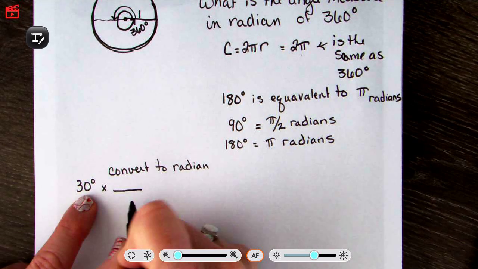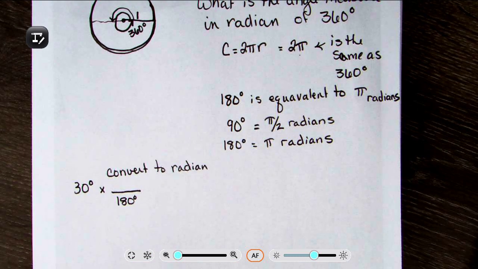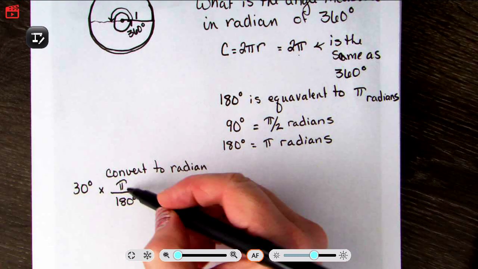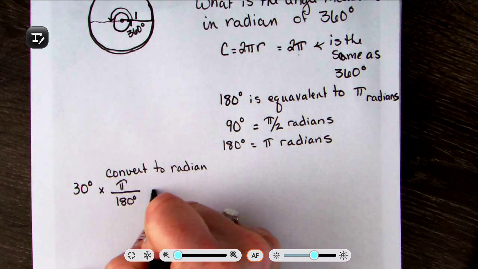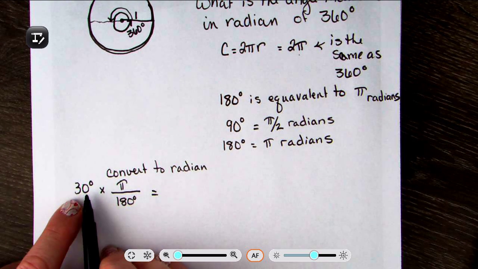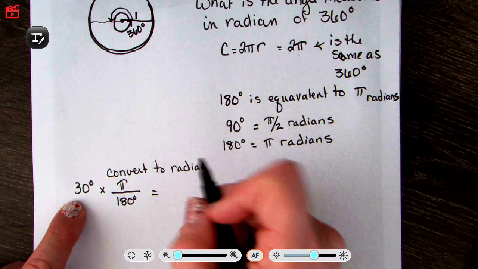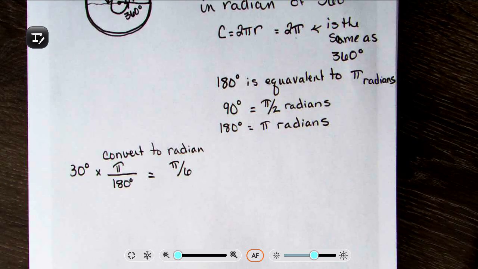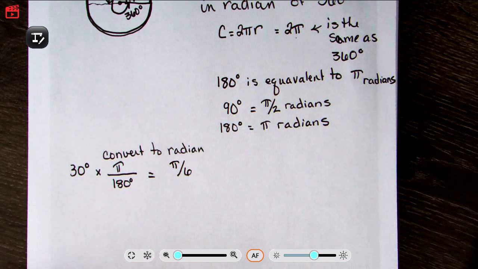We want the degrees on top to cancel, so we'll put that 180 degrees on the bottom, and we'll have pi on top, because pi and 180 is just an ugly way of writing the number 1. So 30 degrees in terms of radians, if I do my reducing here, turns into pi over 6. So 30 degrees is the same as pi over 6.